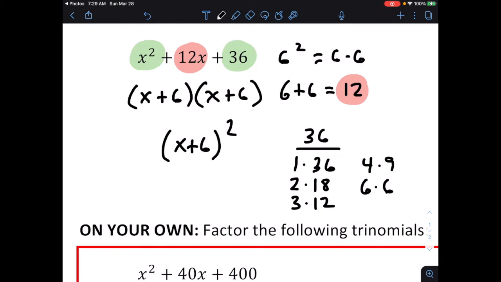I could have identified that this one is the one that adds to 12, and factored the trinomial that way. But if you recognize that you have a perfect square on both ends of your trinomial, and the middle term happens to be the numbers that are multiplied together to equal the number on the right added together, then you can just go ahead and do what we did.